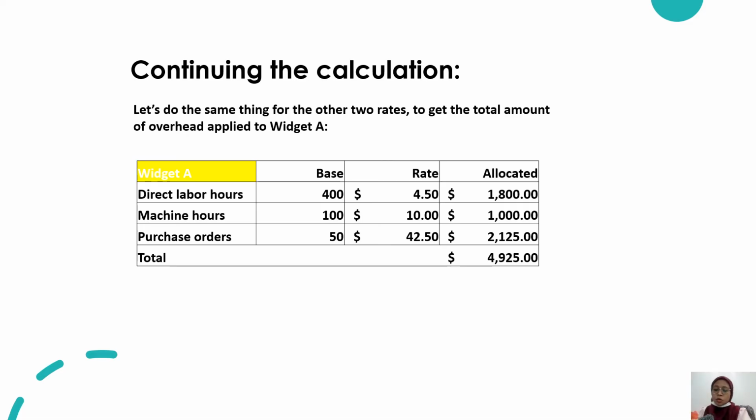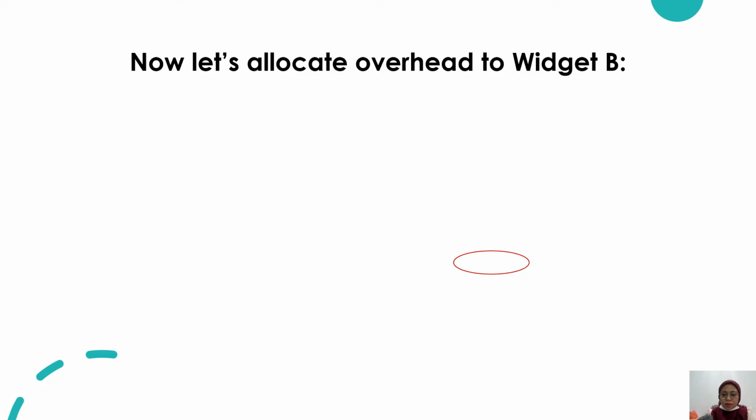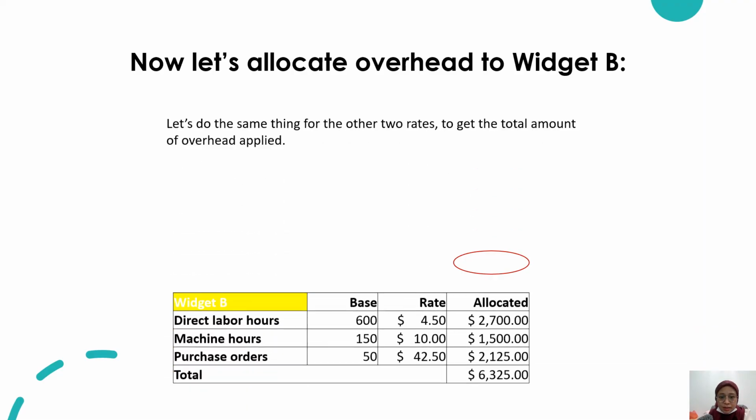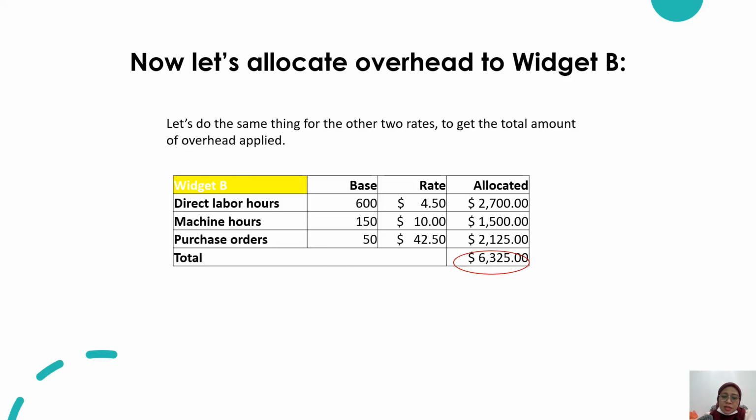You will get total widget A absorbed $4,925. You can also calculate for widget B. Do the same: 600 times $4.50, 150 times $10, 50 times $42.50. So you will get total widget B $6,325.